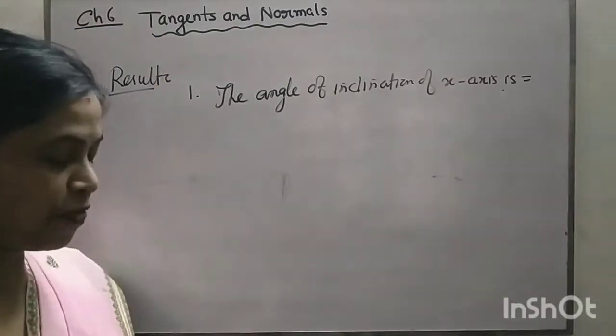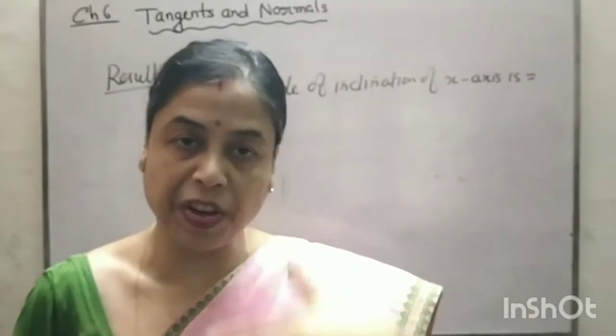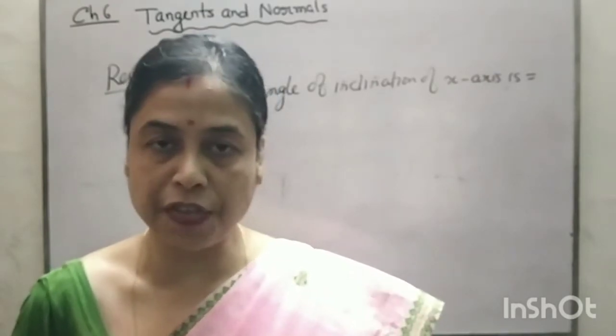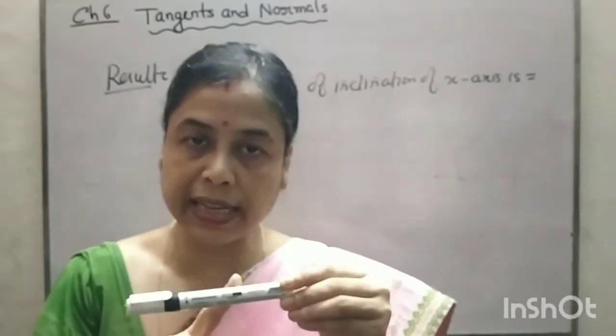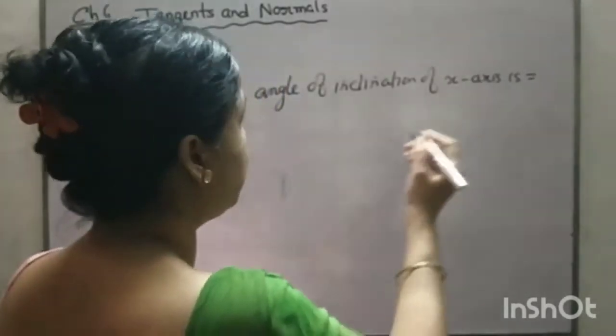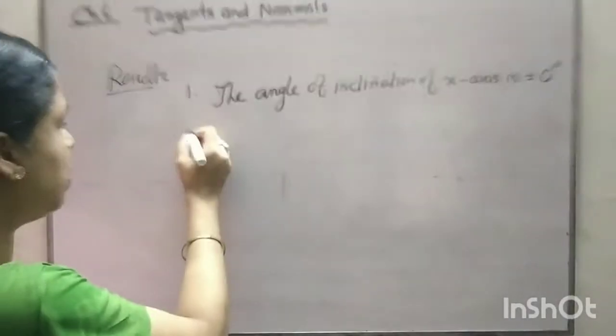What do you mean by angle of inclination of x-axis? What is the angle made by x-axis with x-axis? That is your angle of inclination of x-axis. If this is your x-axis, it makes angle 0 with the x-axis itself. So the angle of inclination of x-axis is 0 degree. In radian also you may write down the same.